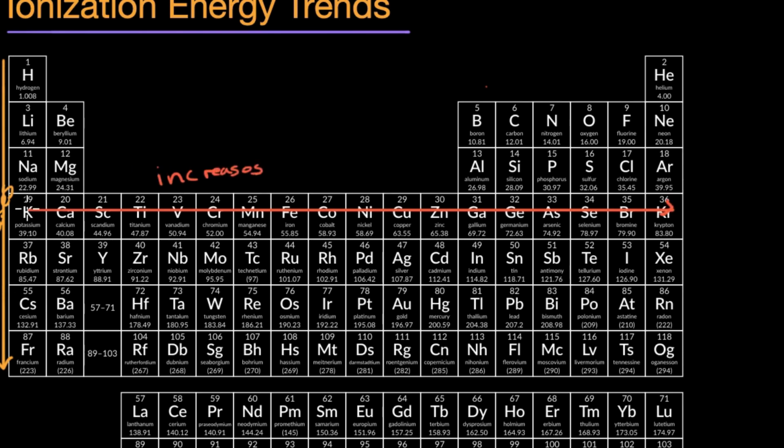If you look at this trend along a group over here, we already said that you're going to have the same number of valence electrons, but those valence electrons are further and further out. They're at higher and higher energy shells. And so you have a lot more shielding from all of those core electrons. So that causes some interference. We've already seen that as you go down a group, your atomic radius increases.